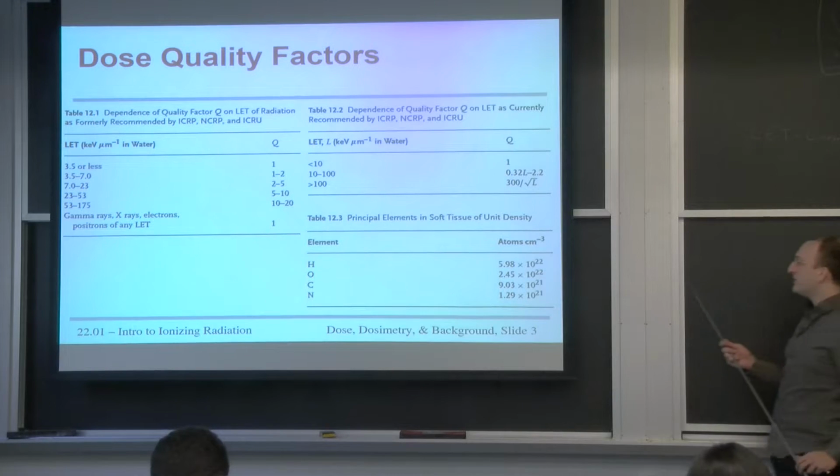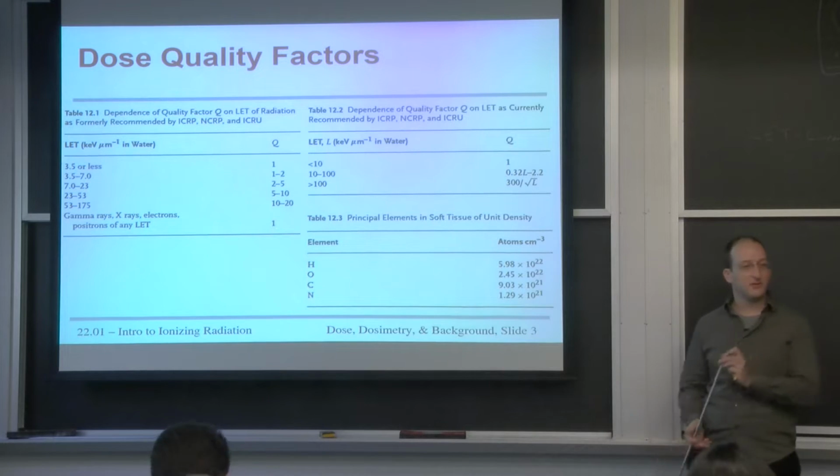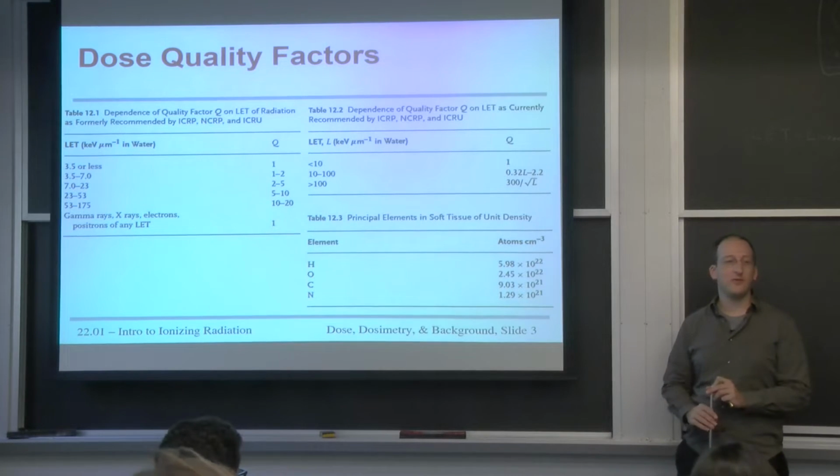And in this case, notice there's no isotopes given, they're just given as elements. Why do we do that? Why don't we care for humans?